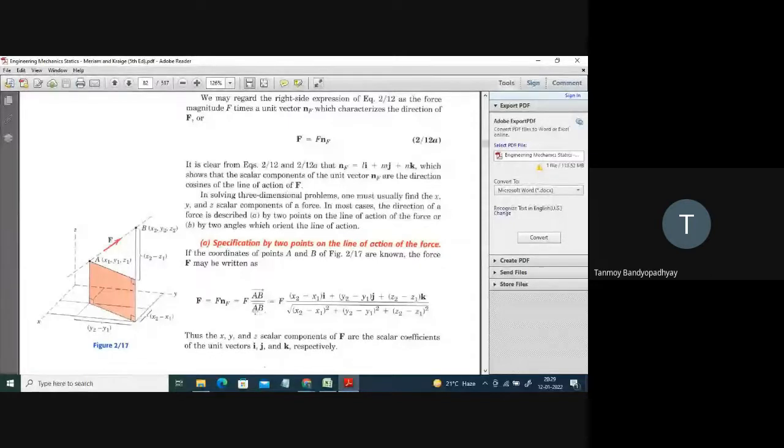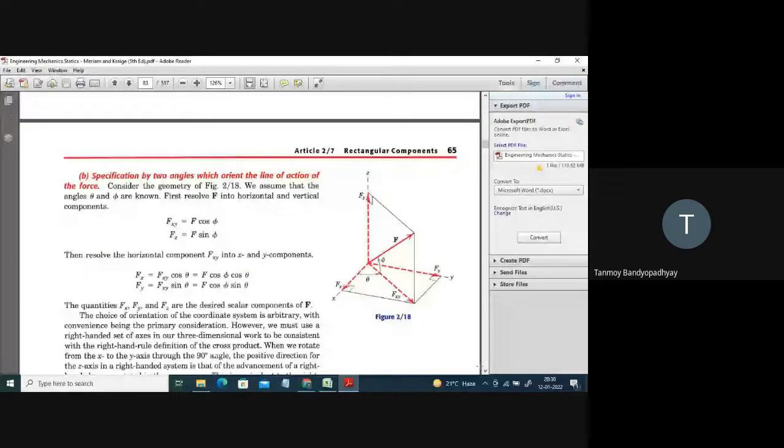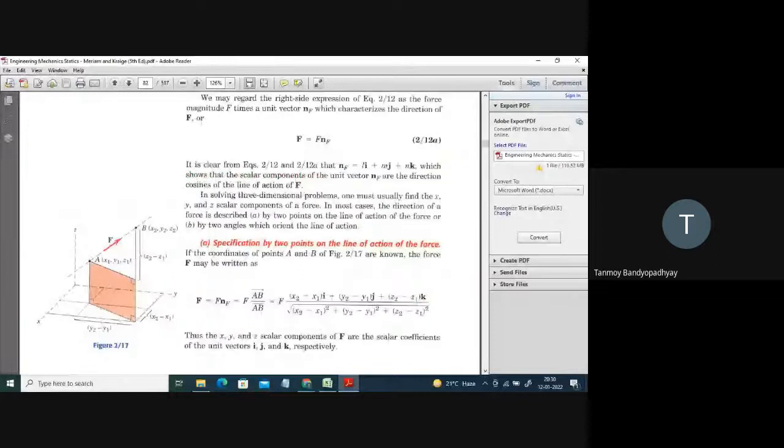If I multiply the magnitude of the force into the unit vector in the direction of AB, AB vector divided by magnitude of AB vector, which gives a unit vector in the direction of AB, I will get the force vector. So this is one method on which we will base some problems.